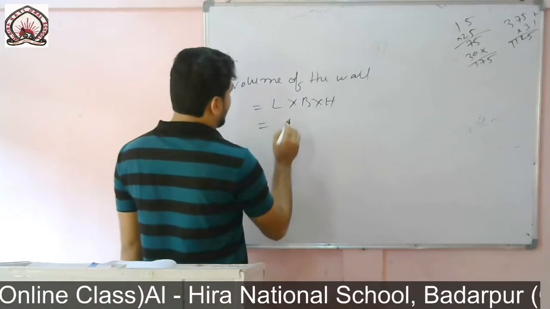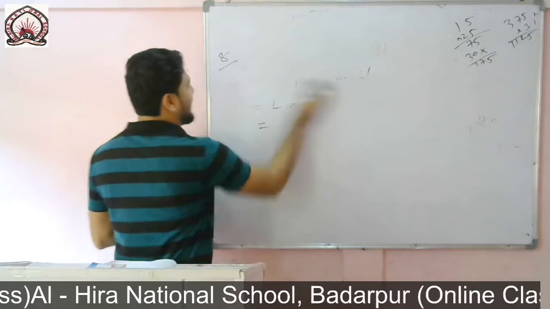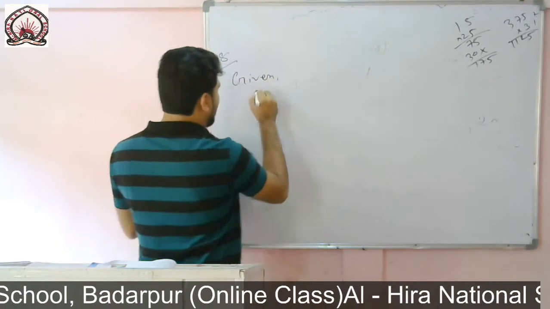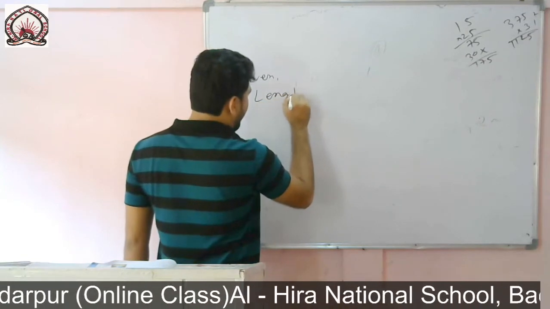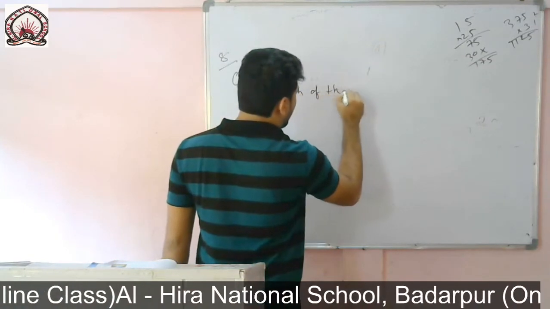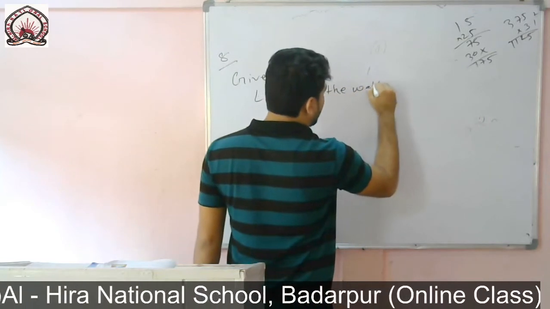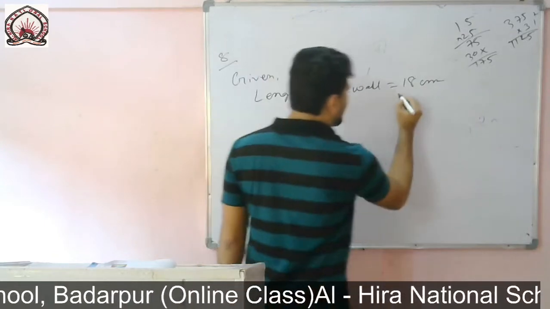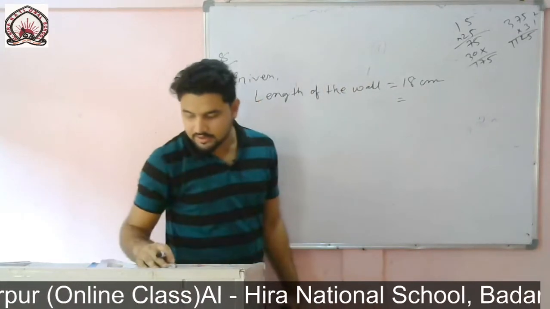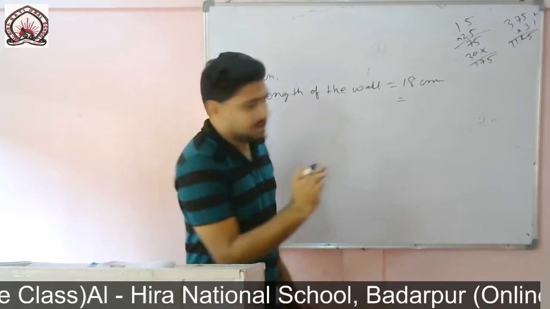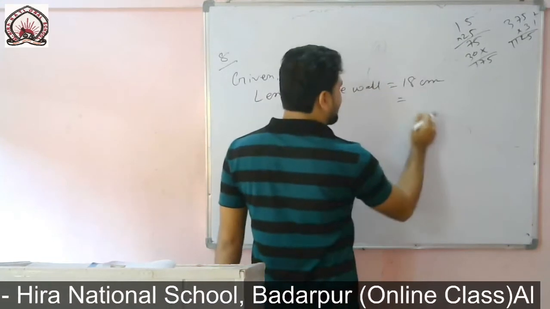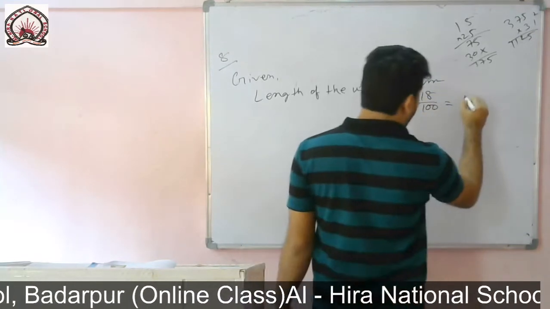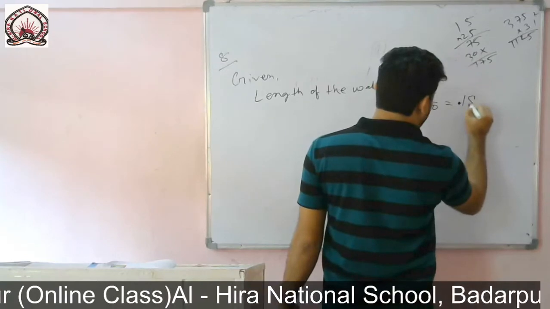So first you write given: length of the brick equals to what? 18 centimeter. Okay, so you convert it to meter because the length of the wall is in meter. So if you convert, then you divide by 100, then you get 0.18 meter.